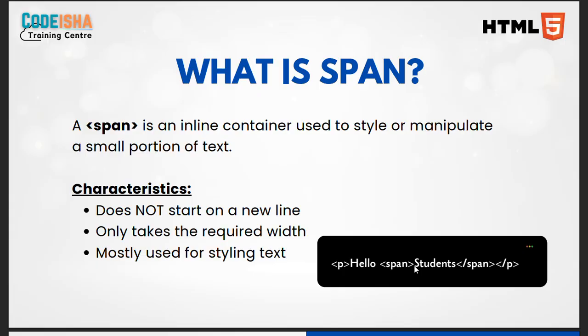Div will occupy everything from start to end of the web page, but span will occupy only what we give it, inline. So this is mostly used for styling text.